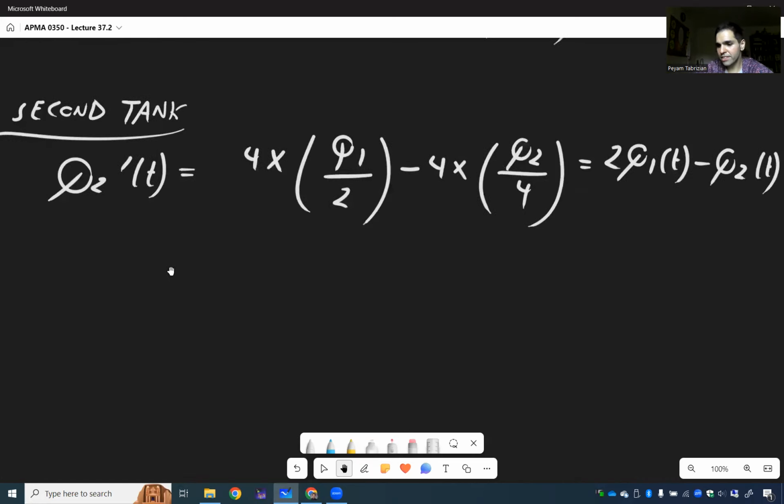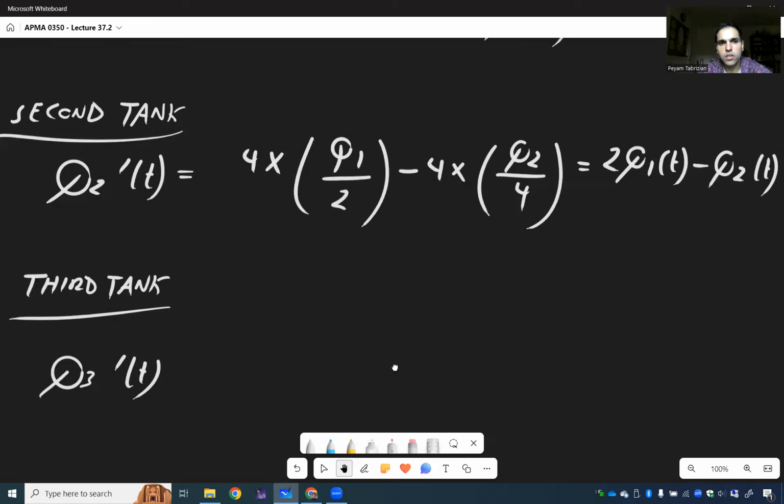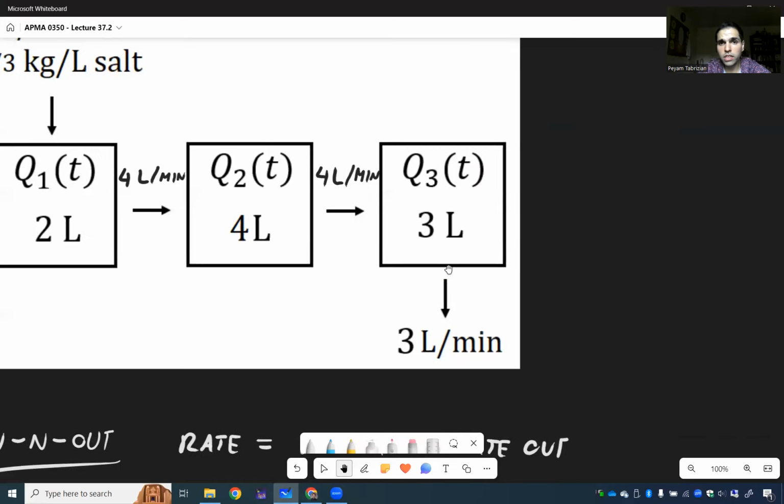And last but not least, let's look at the third tank. So Q3 prime of t. How much is going into the third tank? Well, all of the second tank, so Q2 over 4 times 4. How much is going out? It depends on the last tank, so Q3 over 3 times 3.